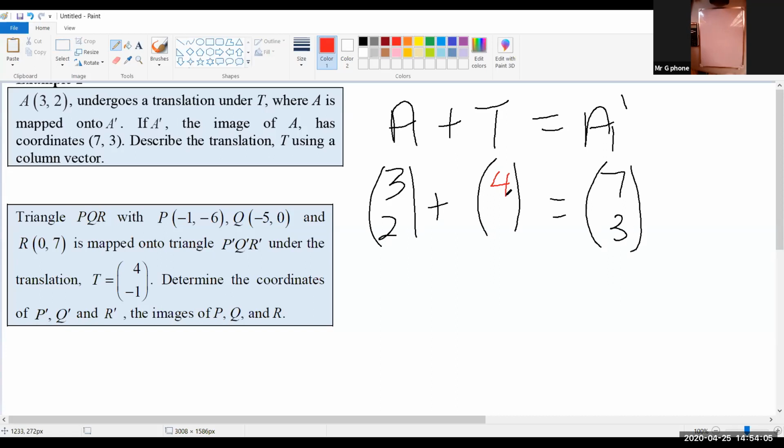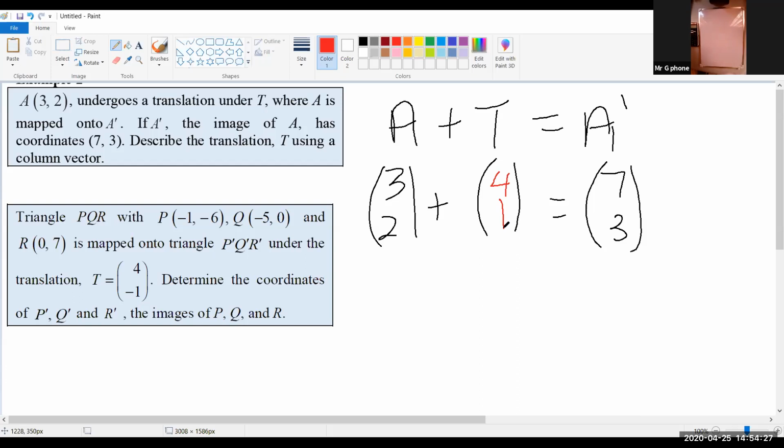I have no idea. This is too hard to figure out. It's way above my intellectual capacity. The answer is 1. Yes, the answer is 1. I want it in cash. So T, the translation, is (4, 1).